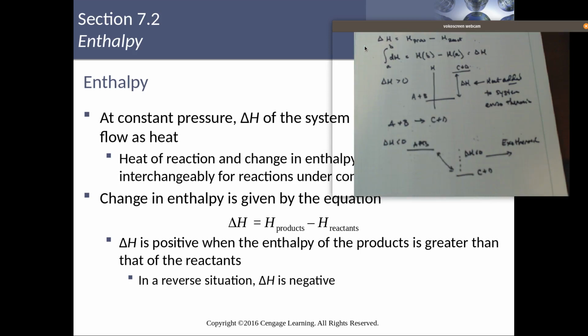Remembering our definition of exothermic and endothermic from yesterday, or from my last lecture.